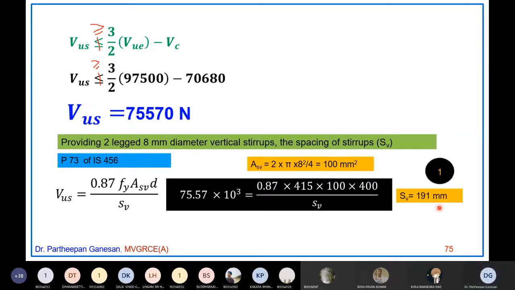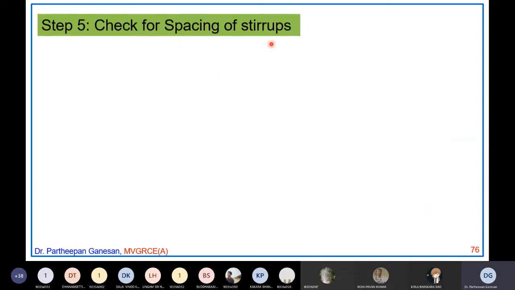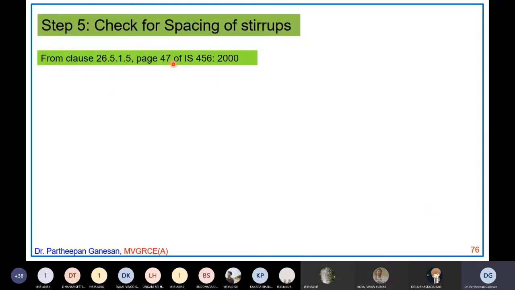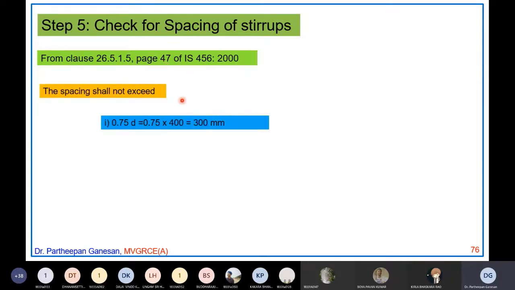Now as per the check for spacing of stirrups, in page number 47, it is given the spacing shall not exceed 0.75 D, where this D is not 550. Remember, wherever you design the shear force, at that section what is the effective depth available. So 0.75 into 400 is 300 mm.